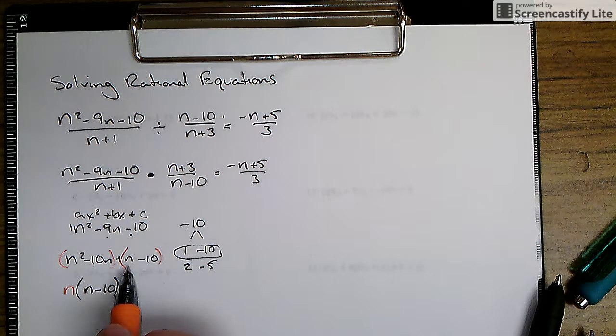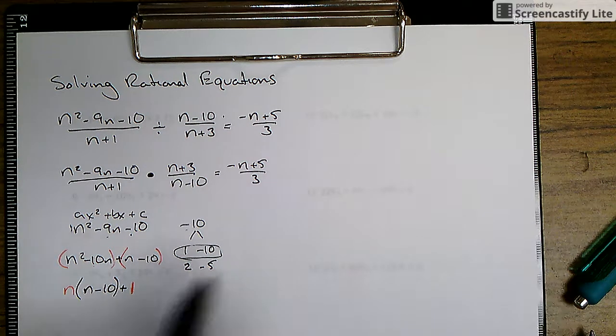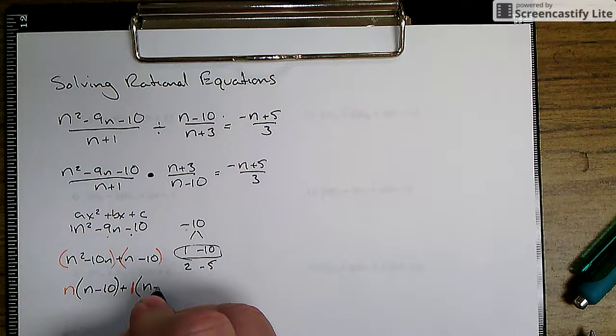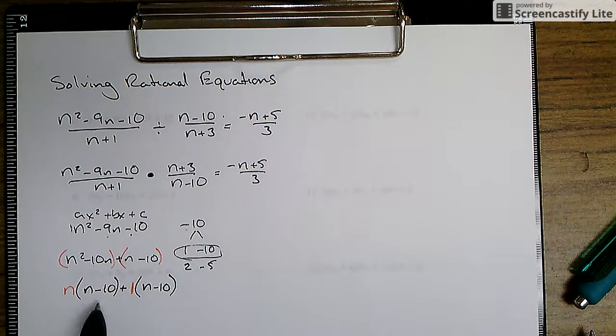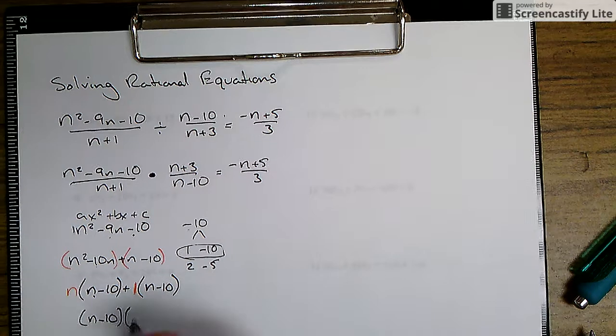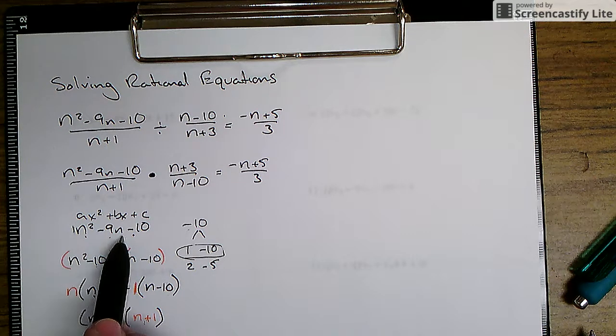The second pair, my greatest common factor is a 1. So I'm going to write it out here just so we can visualize it. Leaving n minus 10. So we can see our common expressions, n minus 10 and n minus 10. So if I factor those out, I have (n minus 10) times (n plus 1). And these two, n minus 10, n plus 1, are our factors of n squared minus 9n minus 10.